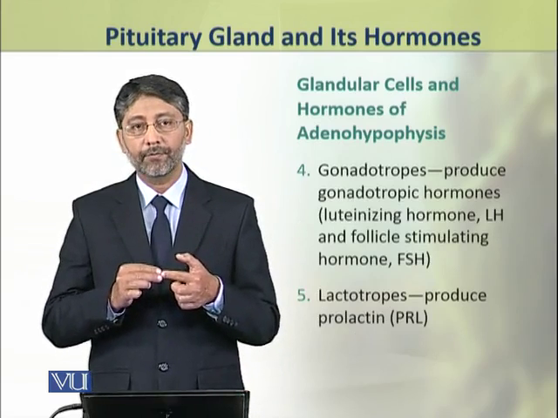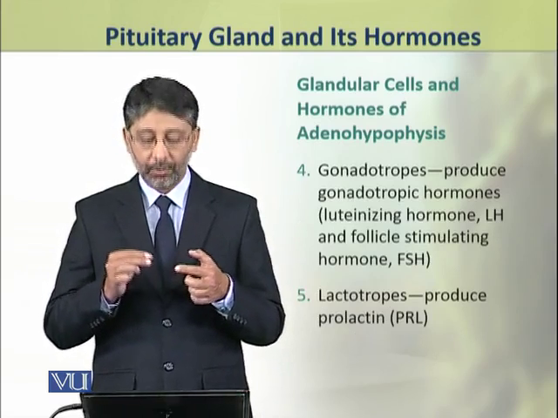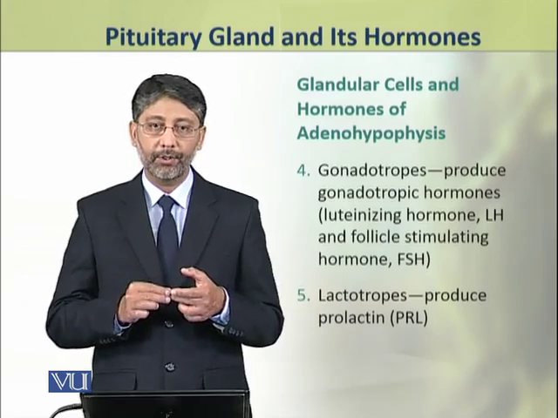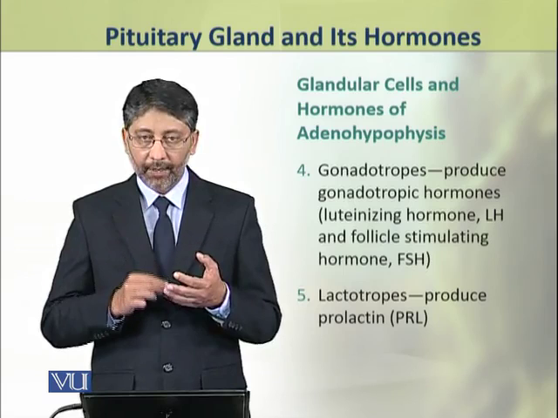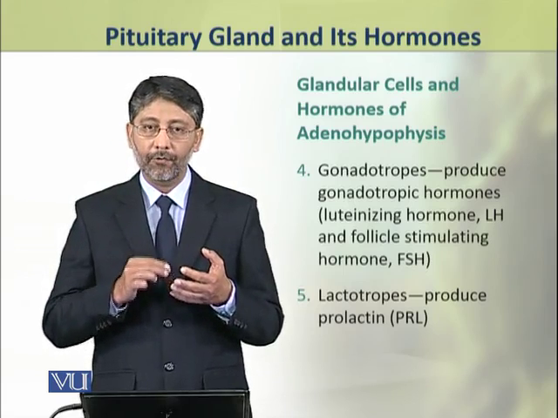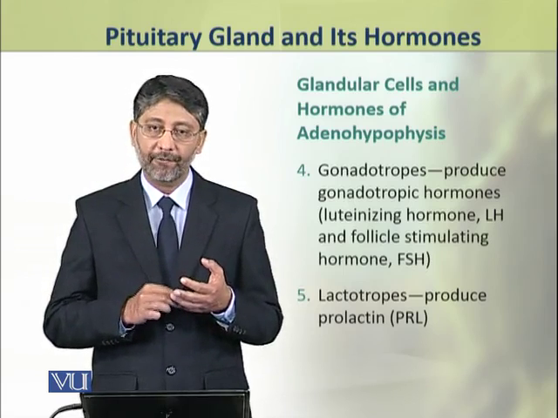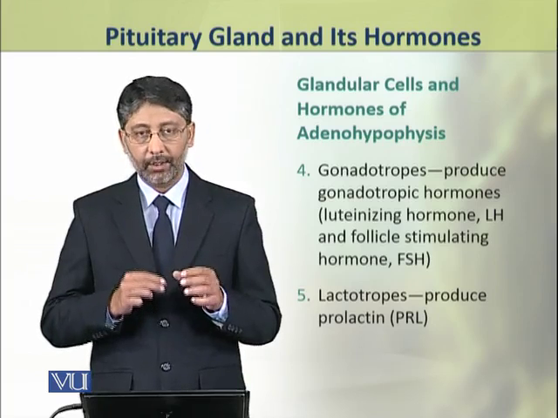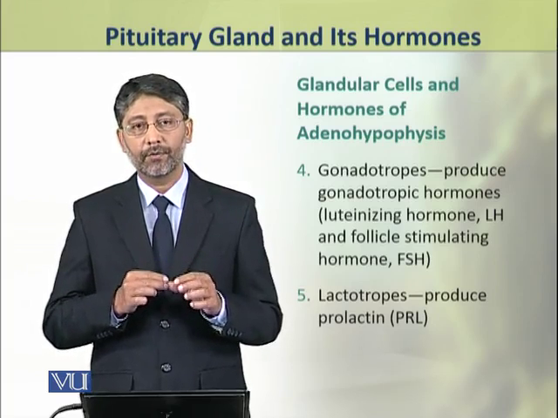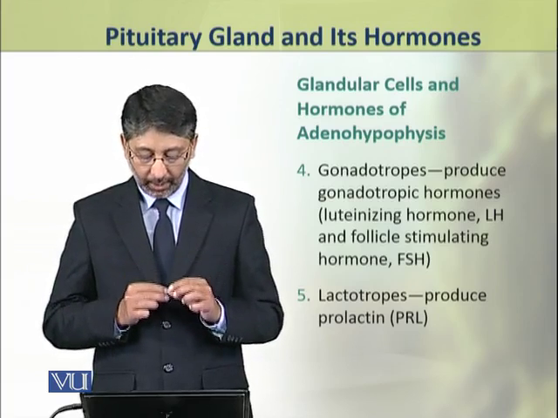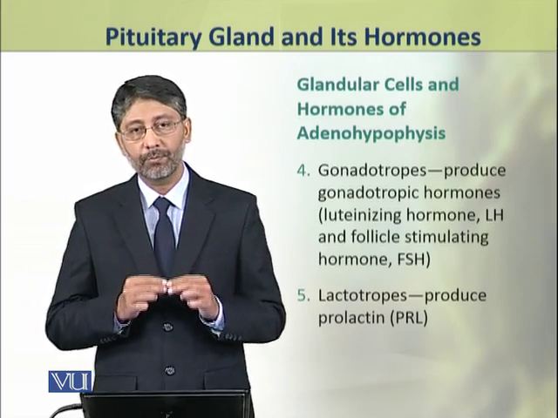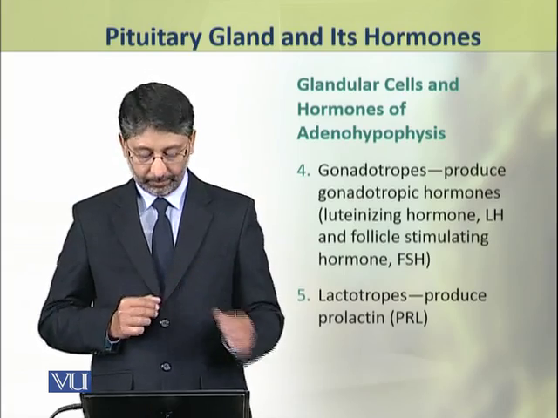The fourth type of cells are the gonadotropes, which produce gonadotropic hormones, luteinizing hormone, and follicle stimulating hormone FSH. The fifth type of glandular cells in adenohypophysis are the lactotropes, which produce prolactin.